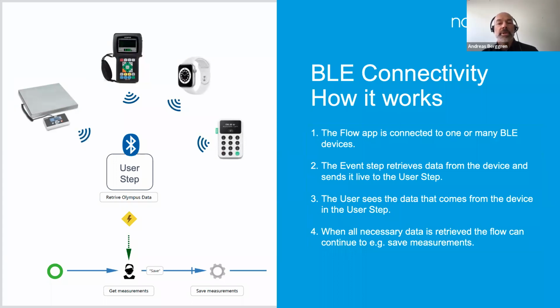An event step connects and retrieves data from the device when it's connected. And the event step is then connected to a user step, and the user gets the device readings into a user step and can continue to save the data, like measurements, for example.